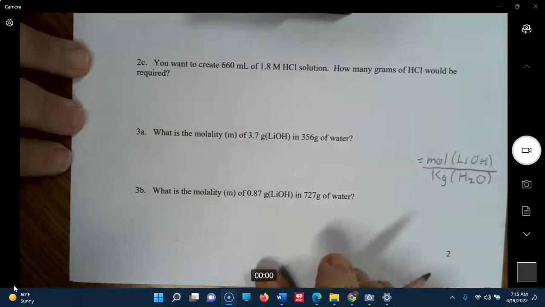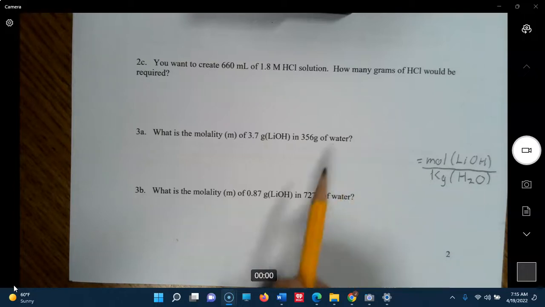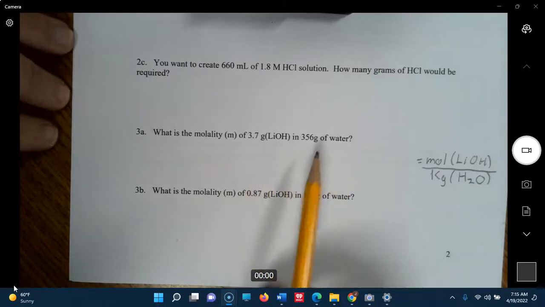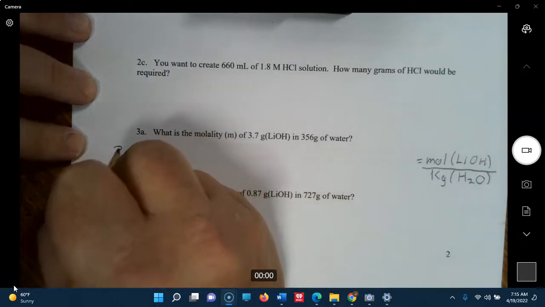Okay, so what are we starting with? We're starting with these two numbers.